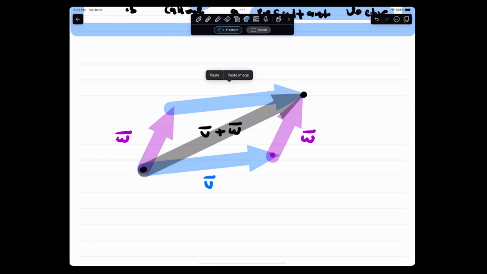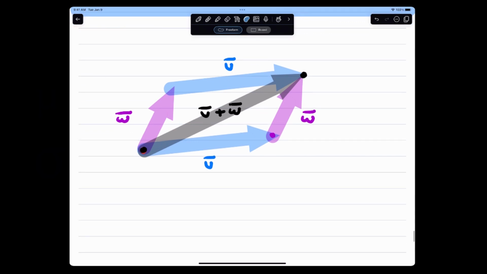But remember, what's a vector? It's an object that has a particular magnitude, length, and direction. So notice, if you move that vector as long as you keep the same magnitude and direction, ladies and gentlemen, as long as you preserve magnitude and direction, you have the same vector.